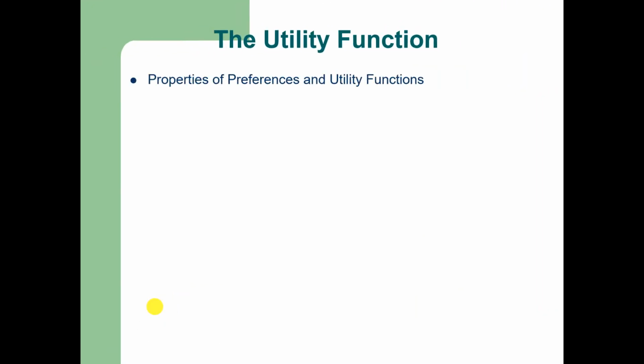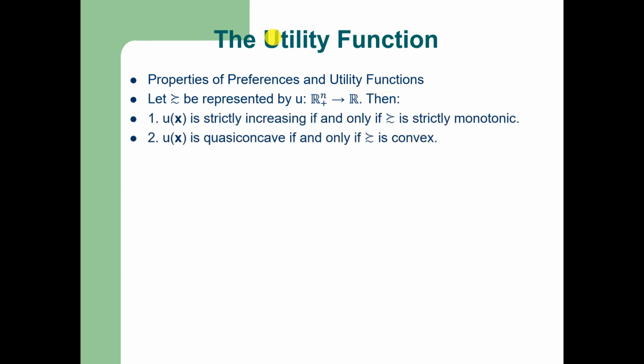There are some properties of preferences and utility functions. Let the binary relation at least as good as be represented by a utility function in the non-negative orthant that maps to a real number. Then number one, utility of consumption bundle x is strictly increasing if and only if this binary relation is strictly monotonic.